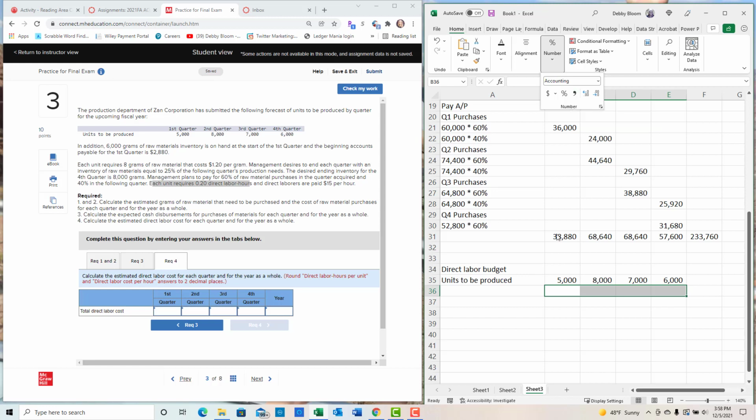Now, what we're going to do is put in the direct labor requirements per unit, and it's 0.2 all the way across the board. Now we're going to multiply the two to get the direct labor hours required.